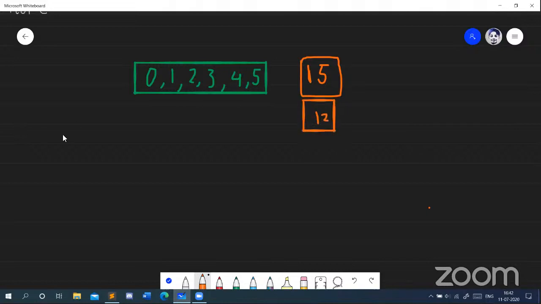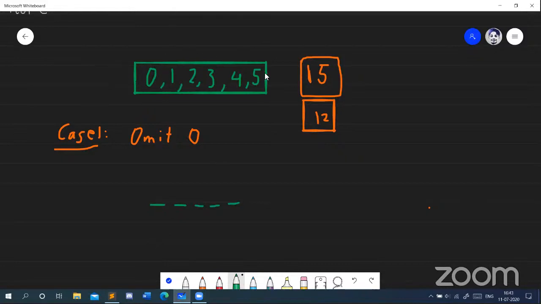So I'll make two cases. Case 1: if I omit 0, in that case, I need to make a 5-digit number out of these: 1, 2, 3, 4, 5. I have 5 blanks, right?